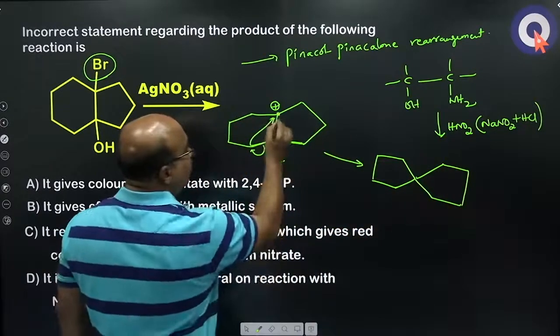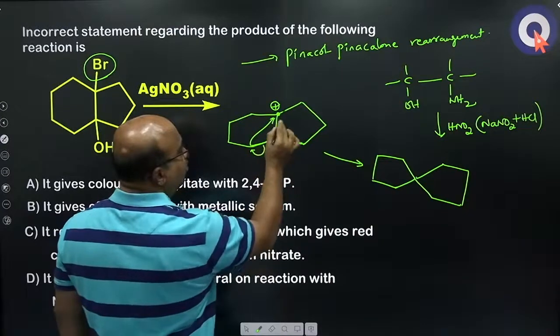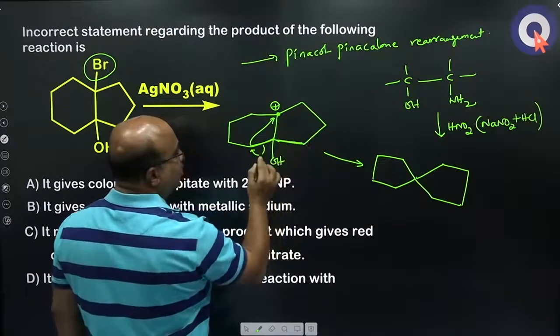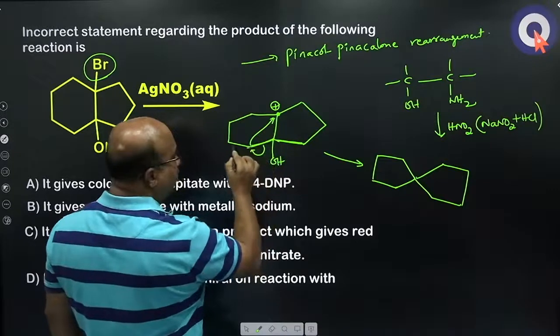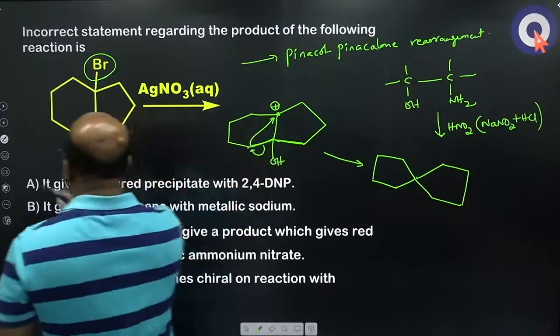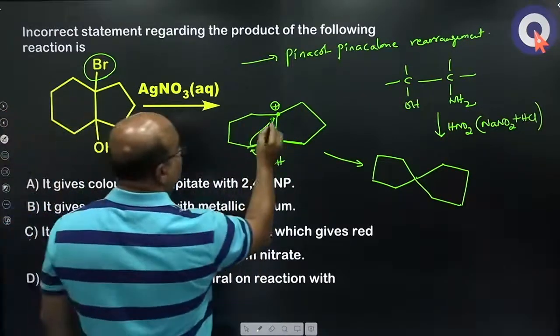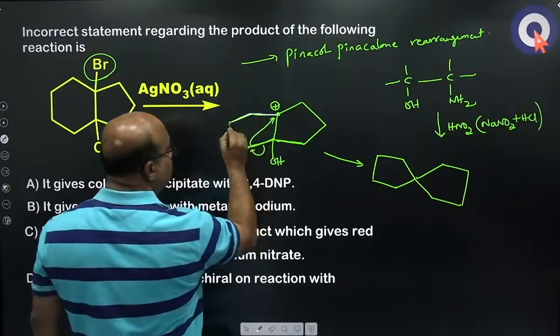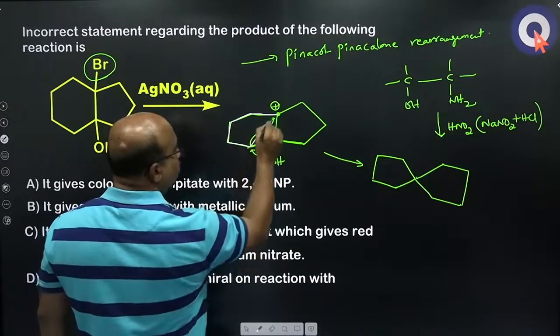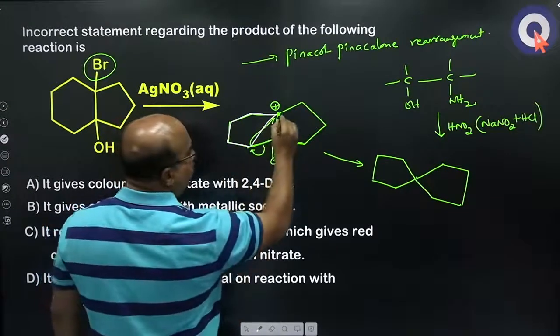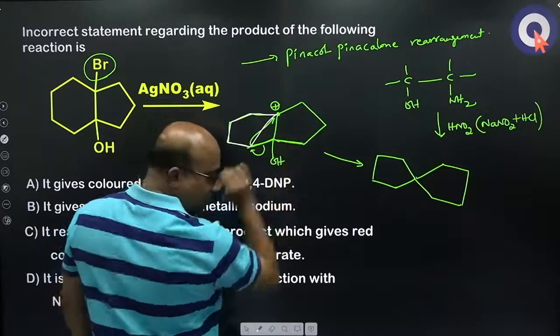So this carbon is common for this 5-membered ring and even for this 5-membered ring. So you can just write it like this: this 5-membered ring and this 5-membered ring which we are seeing.